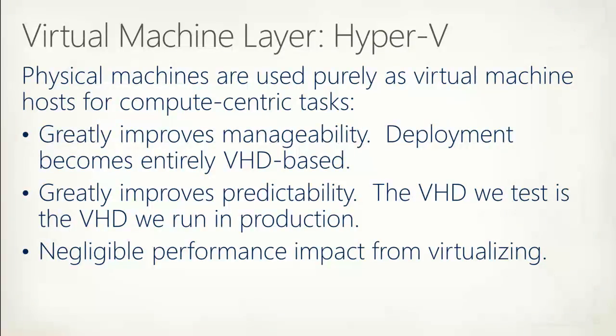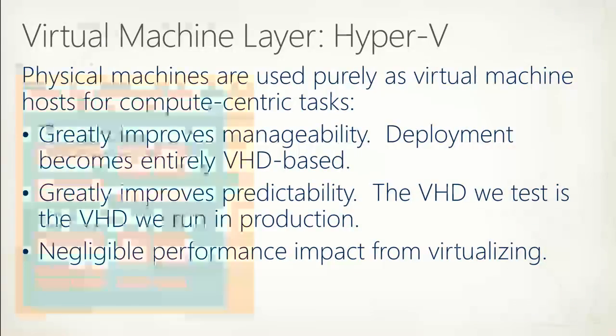We have seen no or negligible performance impact from virtualization. I actually, earlier today, thought I should even remove the word negligible. It's not a concern to us at all. We gain a lot from a manageability perspective, a deployment perspective, placement perspective. Hyper-V gives us a lot, and we're very happy we took that dependency, and we're going to, for the foreseeable future, keep running like that.